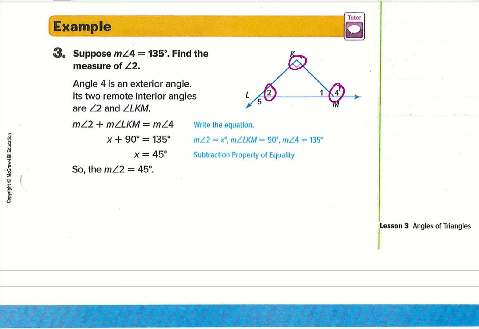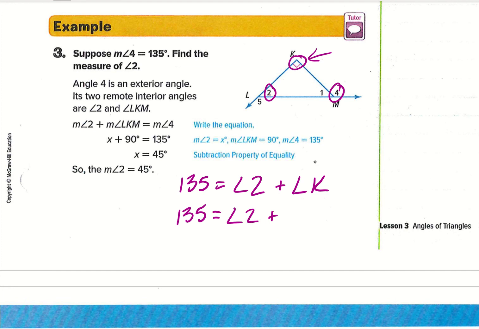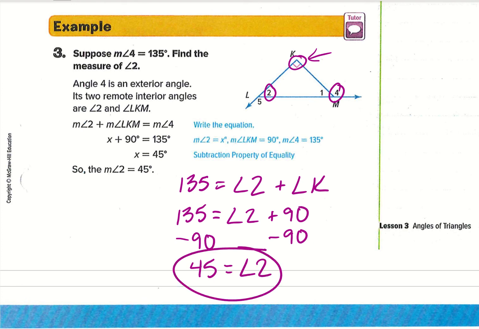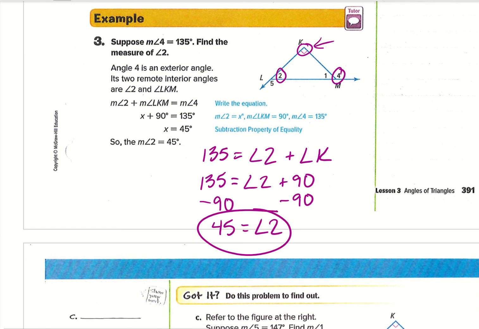All right, so 4 is 135, and then angle 2 and angle K added together would equal 135. Now we can see right here, angle K is a right angle. That means it's 90. All right, so then we have 135 equals angle 2 plus 90, subtract 90 from both sides, and then we're left with angle 2 equals 45 degrees.